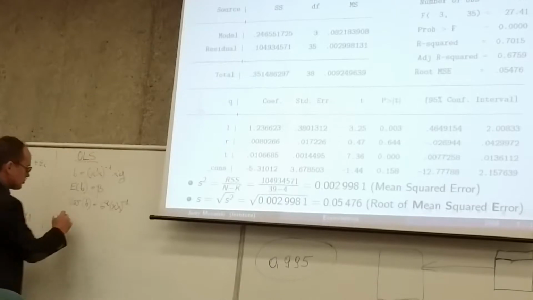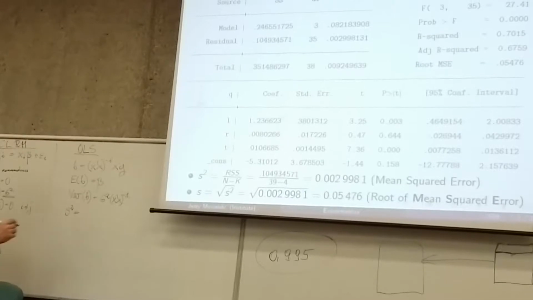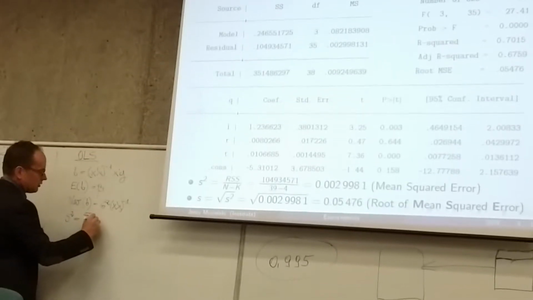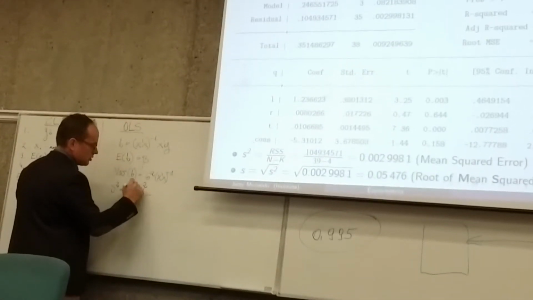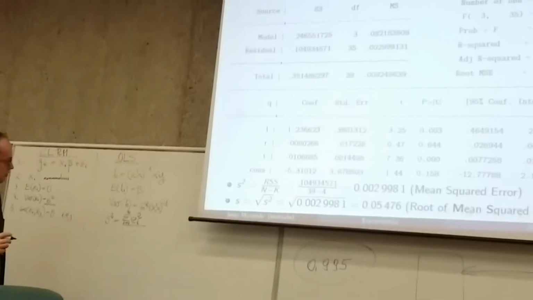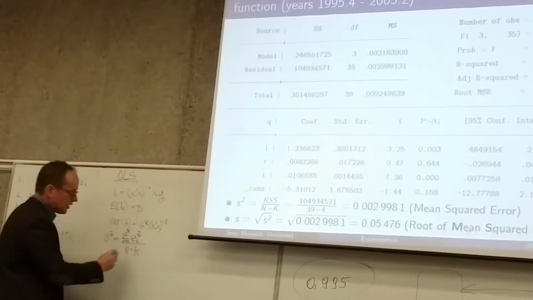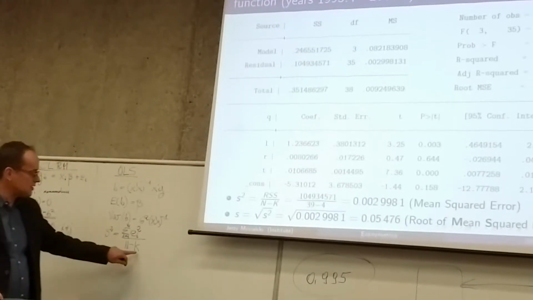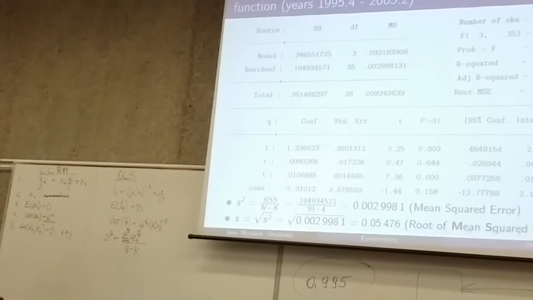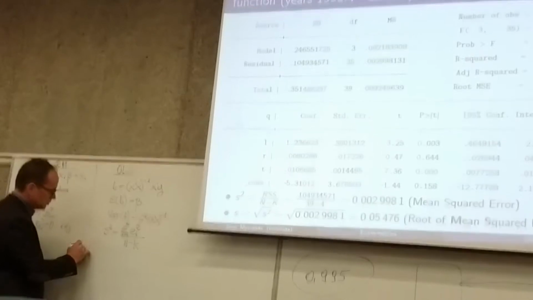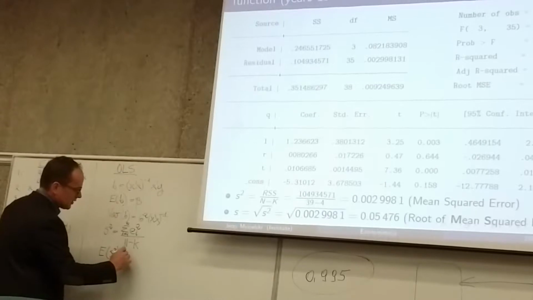Last lecture we have shown that the estimator s squared, which is given by the following formula: the sum of squares of residuals divided by n minus k, where n is the number of observations and k is the number of explanatory variables including constant, is an unbiased estimator of sigma squared.